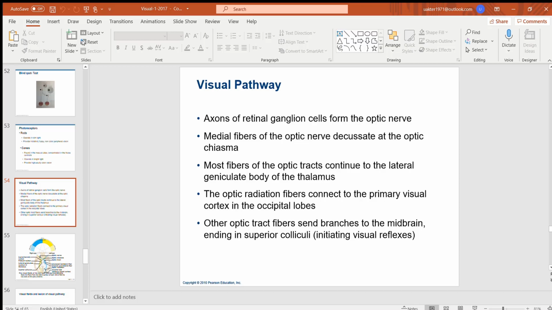Hello everybody. In this lecture we are going to talk about the visual pathway as well as the light reflex or pupillary reflex and the eye movement. In my last lecture I explained how the optic nerve is formed, right? And through the optic disc it gets out.